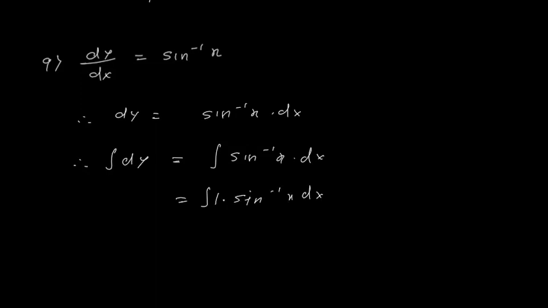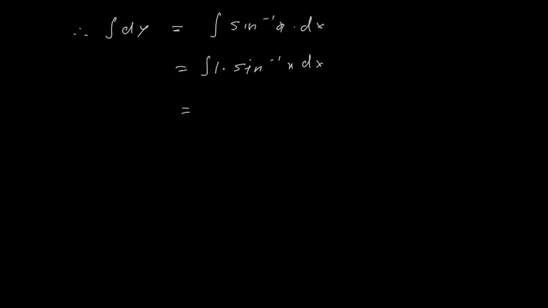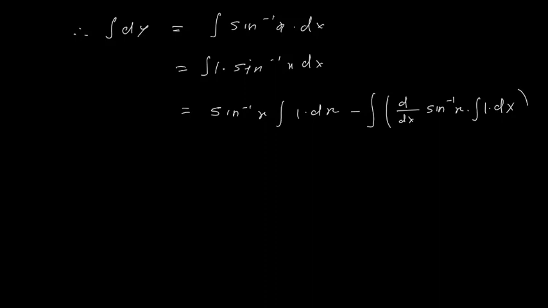And using integration by parts, I will say that this is u, and here u is considered as sine inverse x. So sine inverse x into integration of v, so integration of 1 into dx, minus integration of, first I will differentiate d/dx of sine inverse x, then into integration of 1 into dx, and this whole will integrate as the integration sign is here.